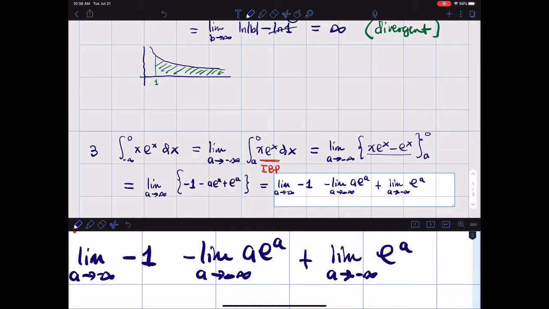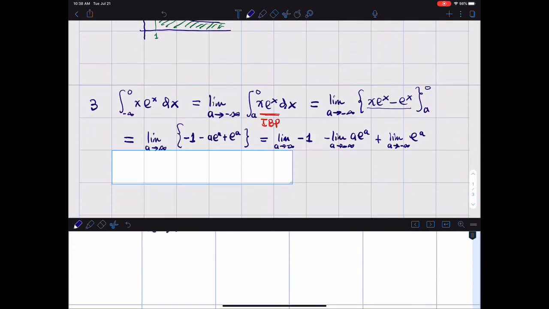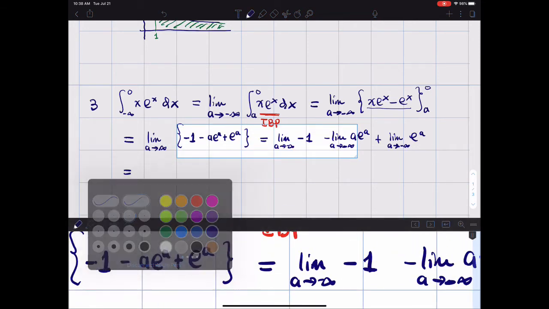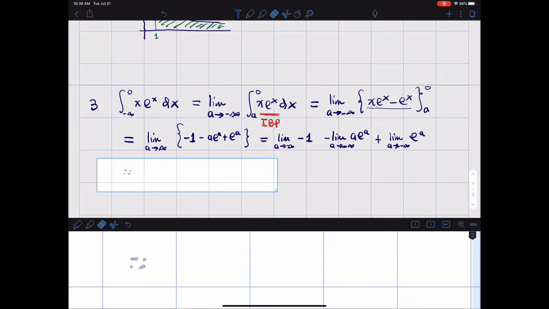Now look at this. The first one is just negative 1. Only one of them is going to give us a hard time, but let's see how we can rewrite things to make it easy.